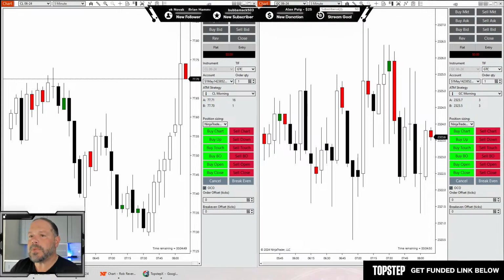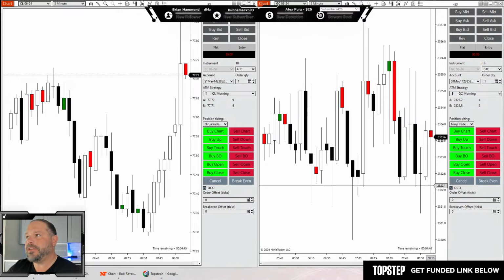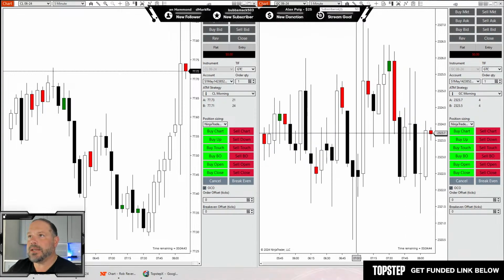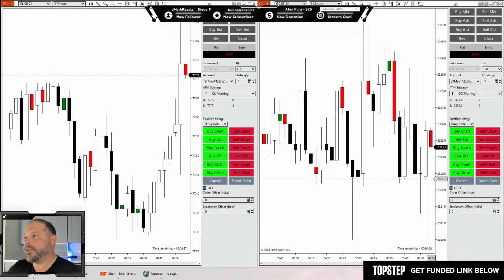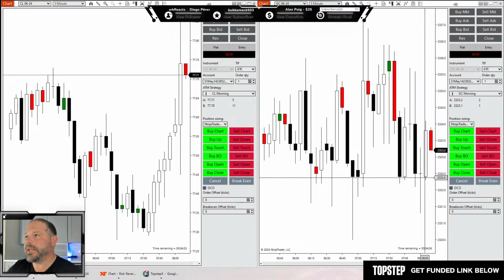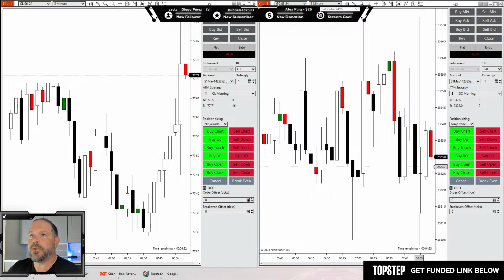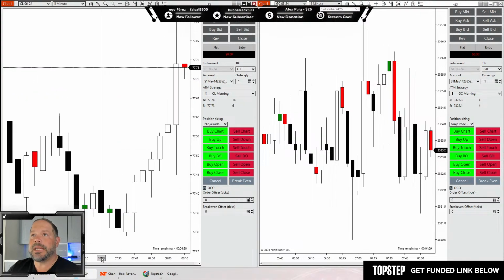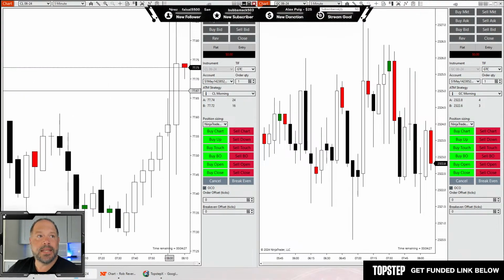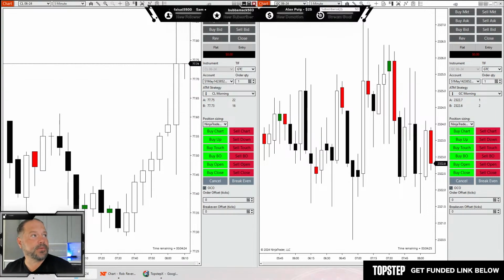So I am going to be pulling up a chart. I'm going to leave oil and gold up for a little bit, just because more likely than not, based on how big this source bar is, we might have a trade here pretty early in the morning. It looks like in oil session one, you probably are going to get a trade. This is obviously a pretty big source candle.